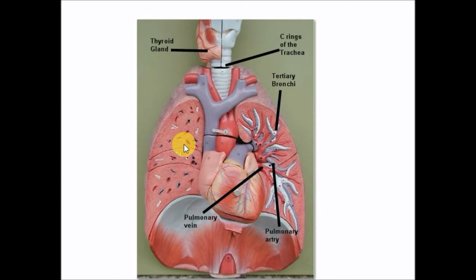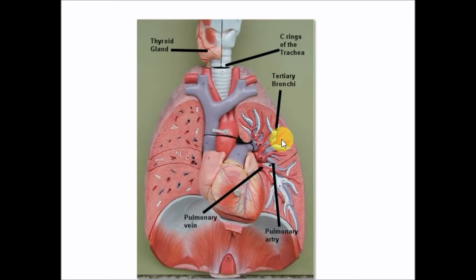It's also important to know that the right lung contains 3 lobes, and the left lung contains 2 lobes. The reason is that the heart occupies the middle lobe of the left. On the right side we have upper, middle, lower, or superior, middle, inferior. So we have 3 lobes, 2 fissures.